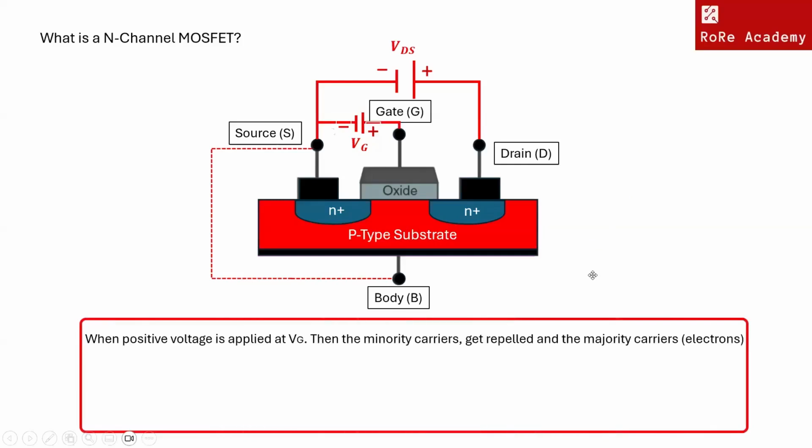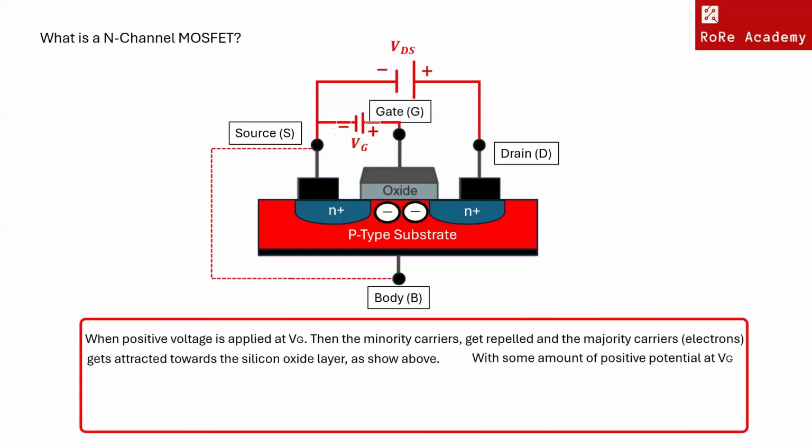When positive voltage is applied at VG as shown above, then the minority carriers, i.e. holes, get repelled and the majority carriers, i.e. electrons, get attracted towards the silicon oxide layer, insulating layer. With some amount of positive potential at VG, a certain amount of drain current ID flows through source to drain.